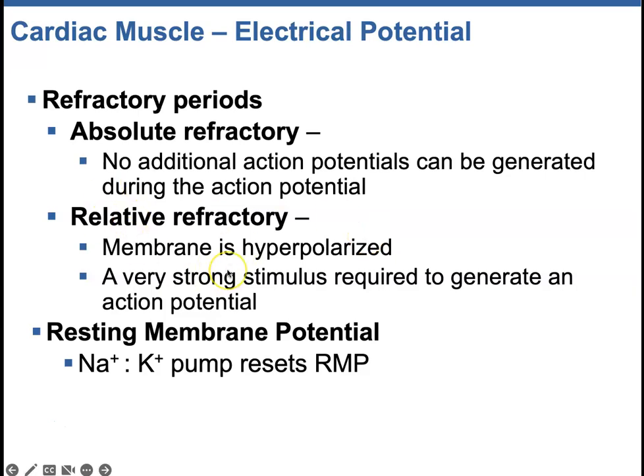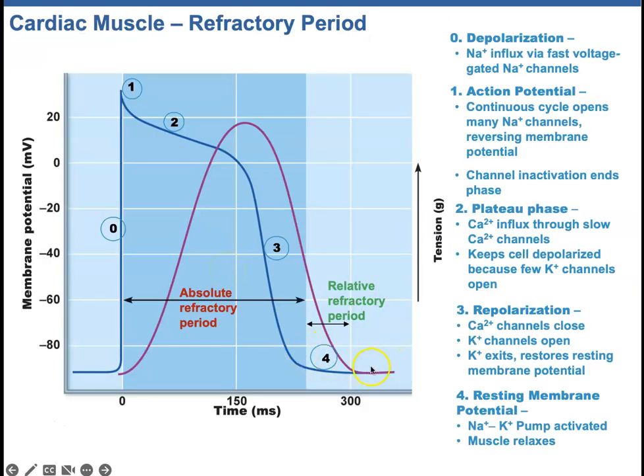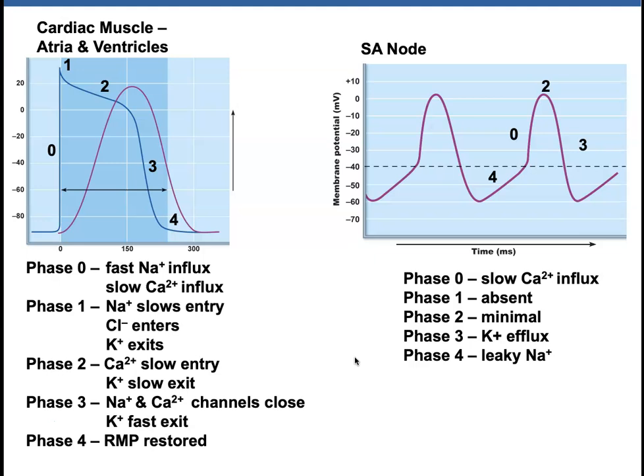So during relative refractory, during this phase 4, you can actually stimulate that muscle cell to contract again. All right? So these are the phases of the cardiac muscle contraction. That is what an absolute refractory period means and what a relative refractory period means.